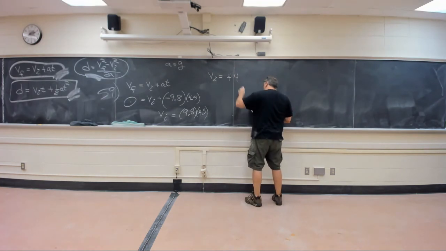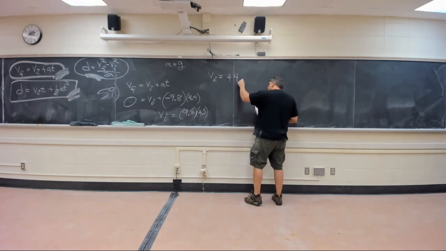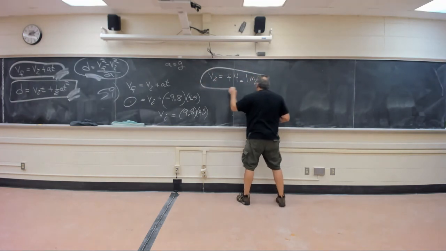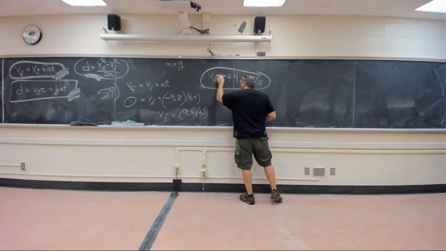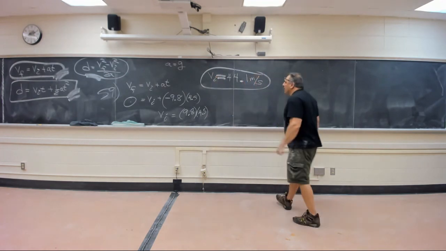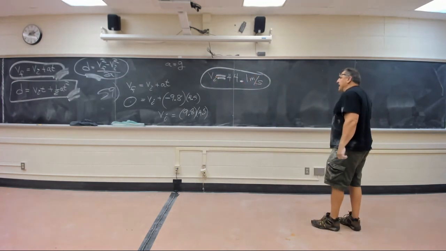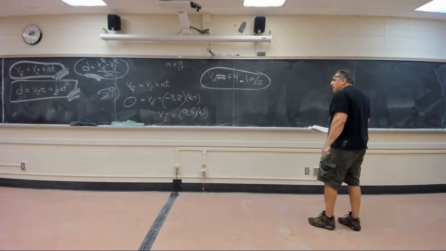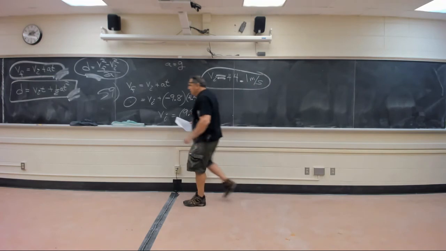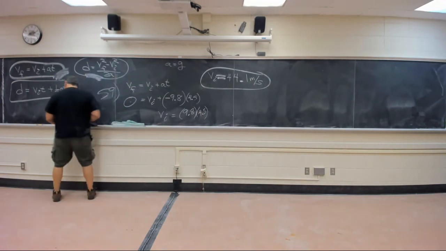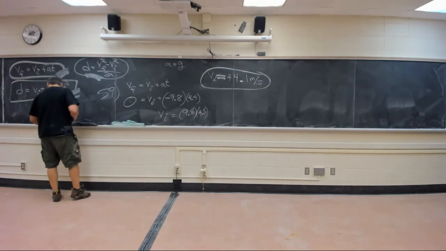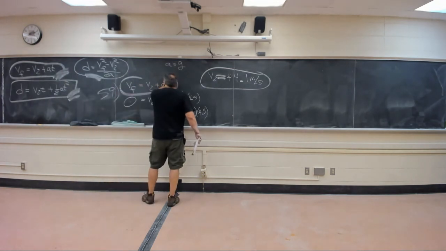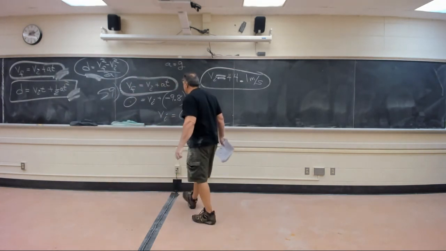The initial throw, initial launch speed, VI equals 44.1 meters per second. This is the one to use. It's the one that's going to get us there.